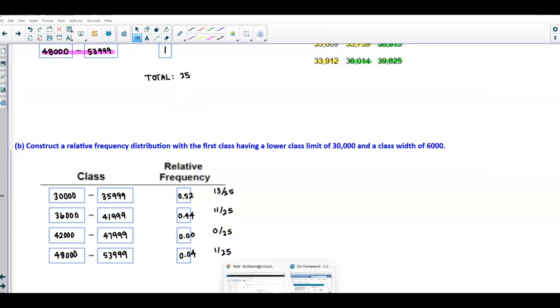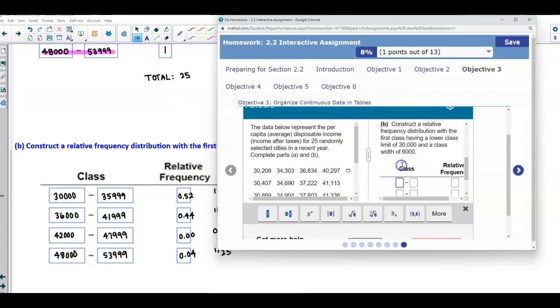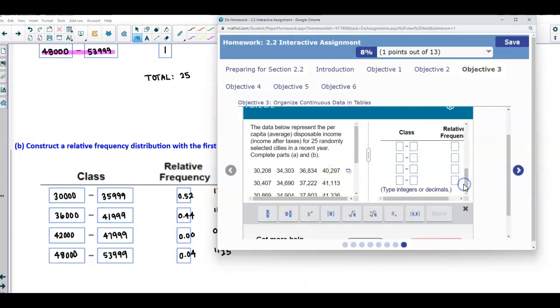Now let's fill in our information. We fill in the classes, which are the same information as in the previous step. So 30,000 to 35,999, and the relative frequency is 0.52. Here we have 36,000 for the lower class limit, 41,999 for the upper class limit, and 0.44.